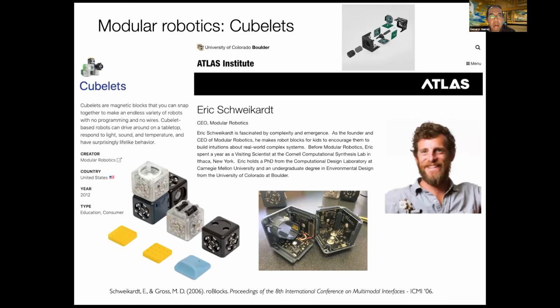Particularly, we will work with Cubelets robots. Cubelets robots were invented by Eric Schweikardt, a graduate of Carnegie Mellon University in the United States. Those robots work with magnetic properties because you can connect the robots just by concatenating these magnetic faces.